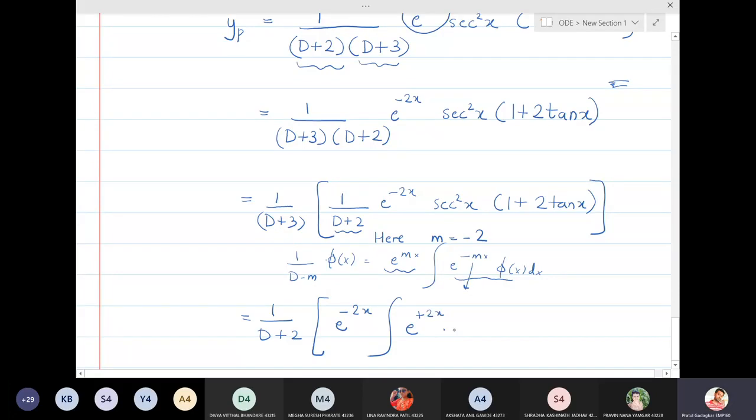What is phi of x? e raised to minus 2x into sec square x into 1 plus 2 tan x dx.